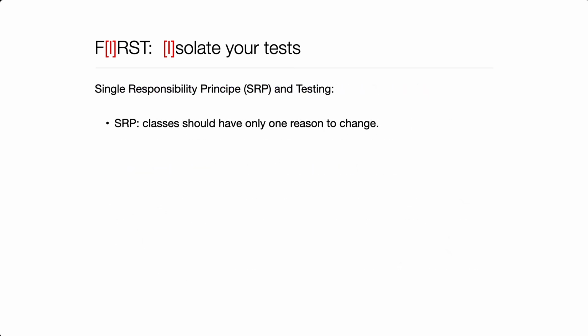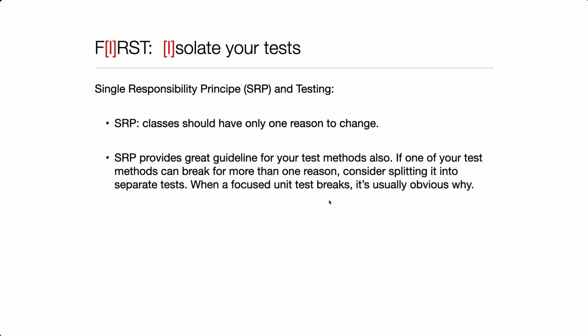The single responsibility principle, we might look at that towards the end of the course. It's just a simple, again, design principle around which we construct our thinking around the responsibility of classes. And classes or objects in JavaScript should have only one reason to change.